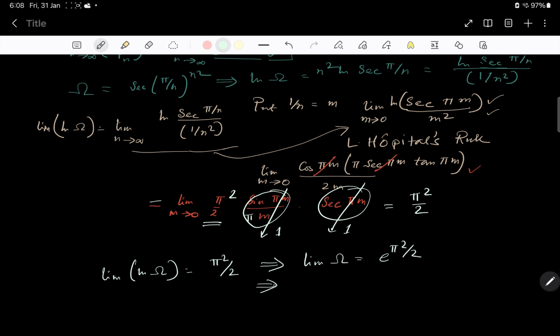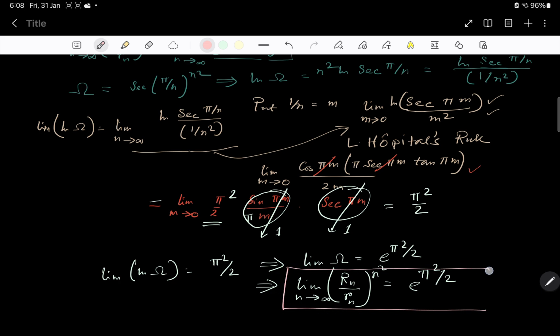Now that is our desired limit. The limit as n goes to infinity of capital Rn by small rn whole to the power n square is nothing but e to the power pi square over 2. And this is what we tried to figure out at the beginning, and I guess that's a good place to stop.